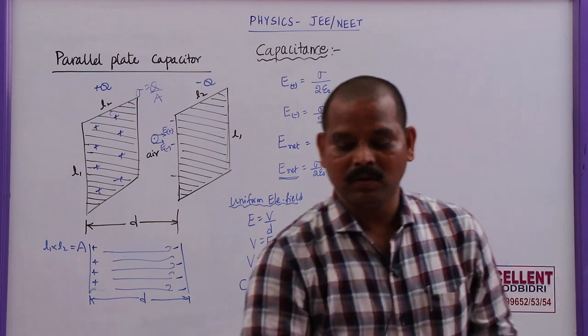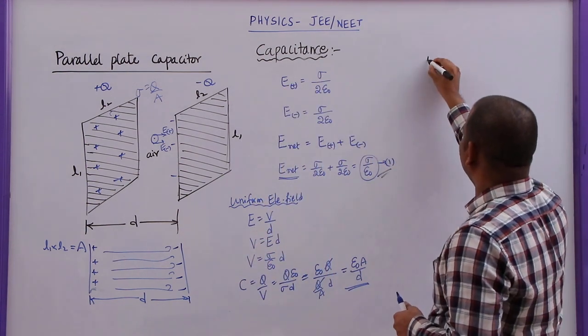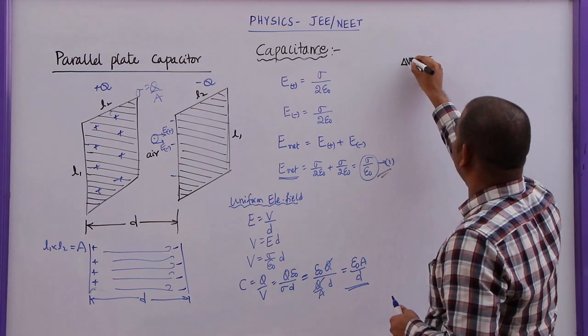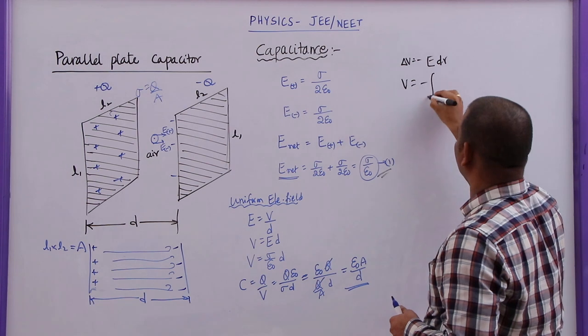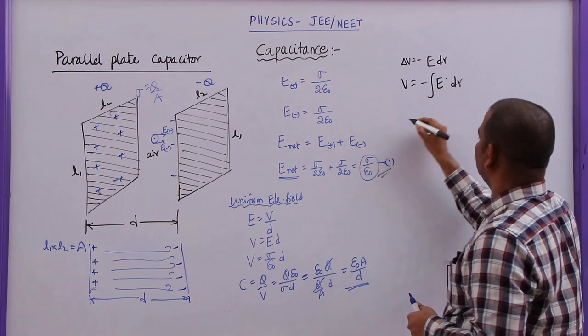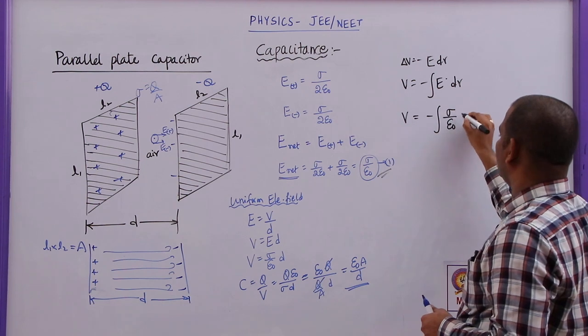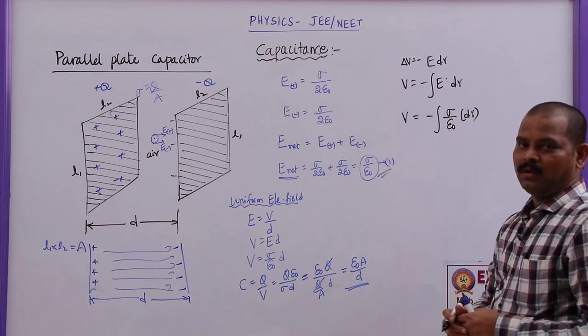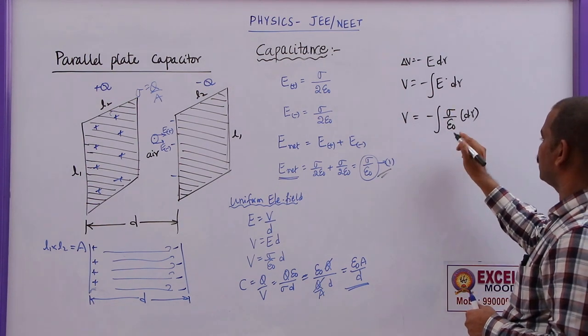Suppose the field is not uniform, then how to write this? The same expression E is equal to minus delta V by dr, so V is equal to minus integral E dr. So, V is equal to minus integral sigma by epsilon naught into dr. What is the variable here? The distance, because sigma and epsilon naught are constant.